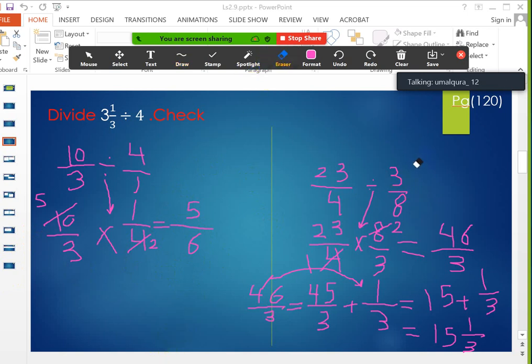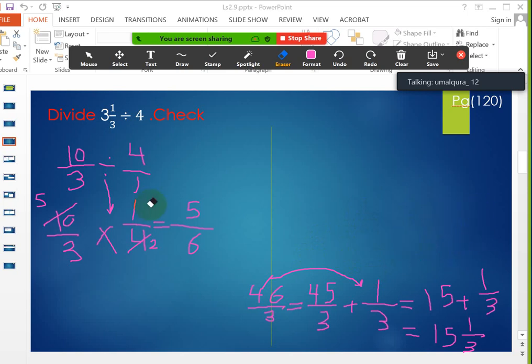Because look, 5 over 6, there is no common factor between the numerator and denominator, and also the numerator is less than the denominator. So there is no greatest common factor between numerator and denominator, so the quotient is in the simplest form.